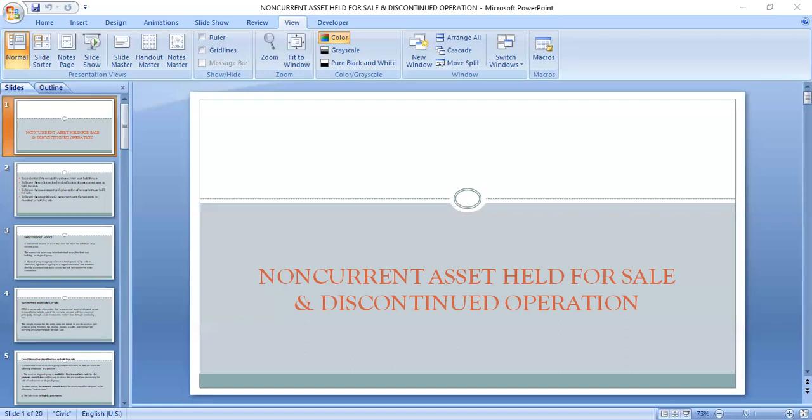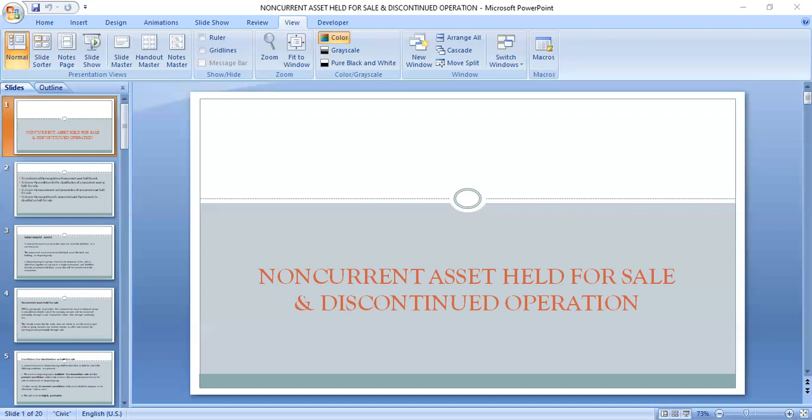The asset or disposal group must be actively marketed for sale at a sales price that is reasonable in relation to the fair value, and the actions required to complete the plan indicate that it is unlikely that the plan will be significantly changed or withdrawn.